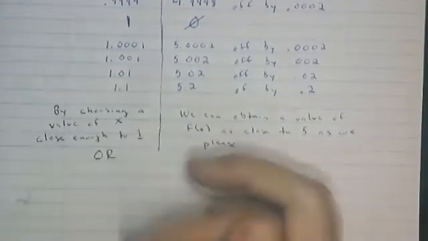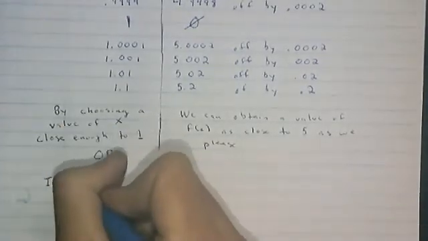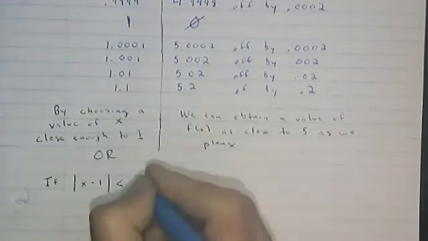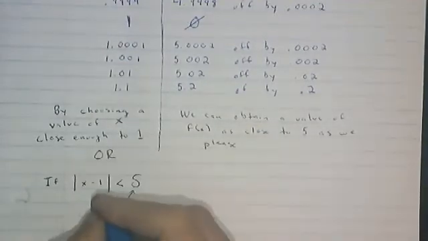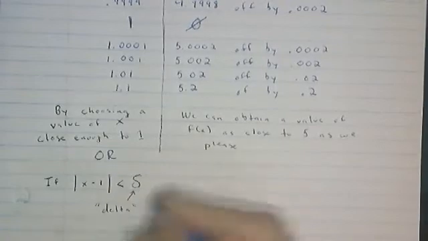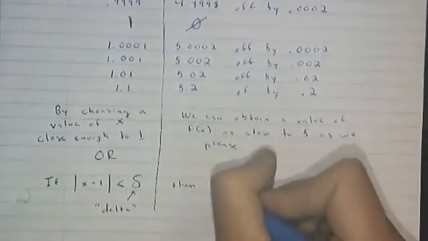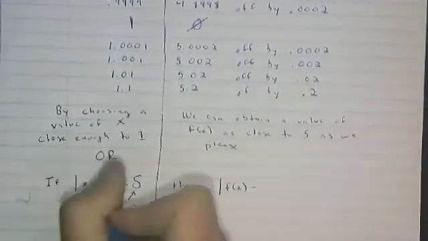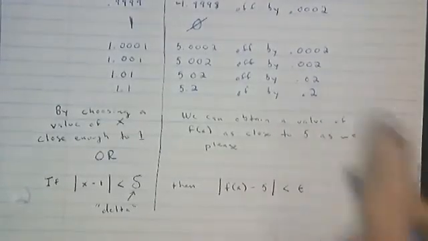If the absolute value of x minus 1 is less than some delta, this is the lowercase delta, then we obtain a value of f(x) as close to 5 as we please, means the absolute value of the difference between our function value at that x and 5 is less than that desired closeness.